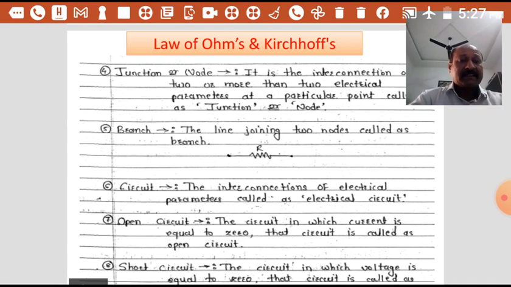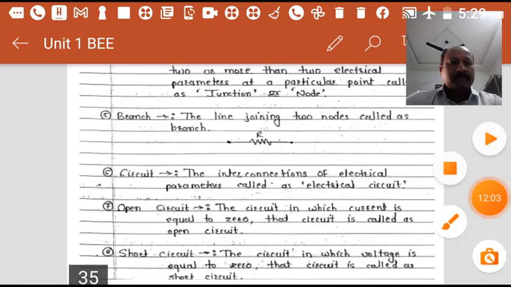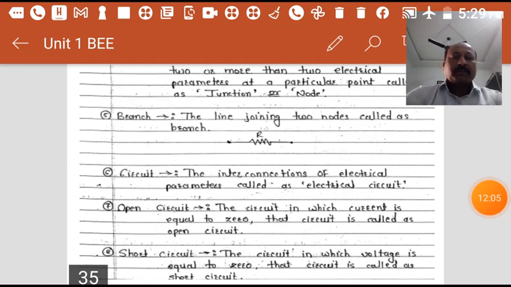So we have four circuits. The first one is the normal closed circuit. Whenever the switch is on, the fan starts rotating. That circuit is called a closed circuit. The second circuit is the open circuit. Whenever the switch is on, the fan refuses to start.